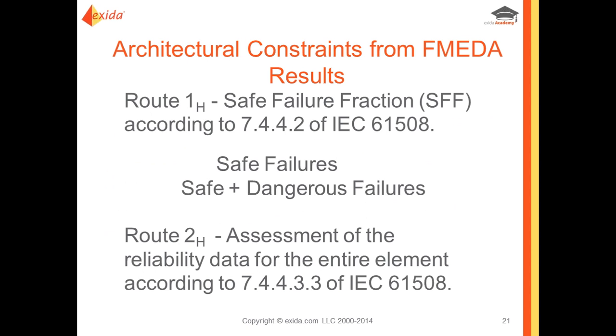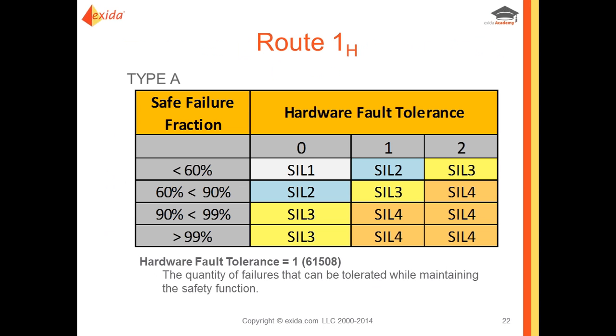Just for an example, a valve is typically one component of the final element for a safety instrumented function. The safe failure fraction must be calculated for all components of the final element, not just the valve. So, for example, a final element of a SIS may consist of a solenoid, an actuator, and a valve.